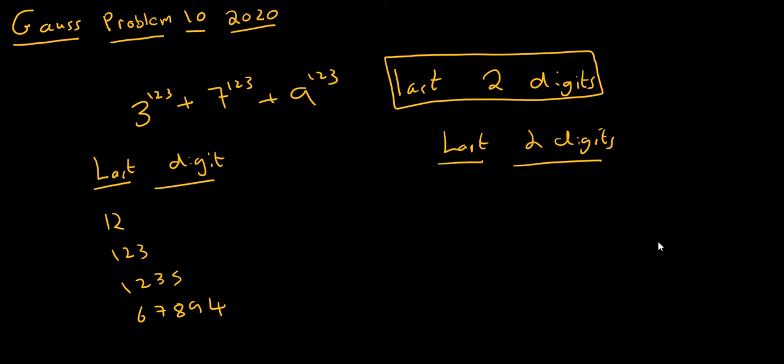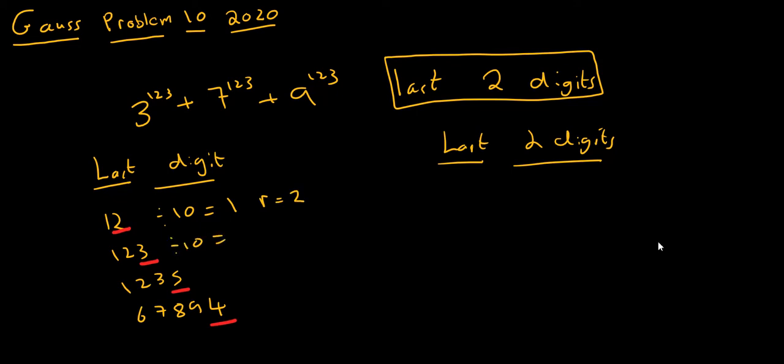We can see that the last digit here is 2, 3, 5 and 4. And to get the last digit, we divide by 10. We get 1, remainder 2.